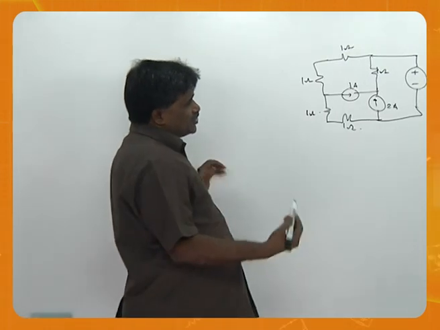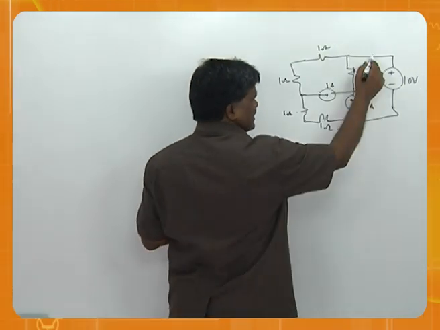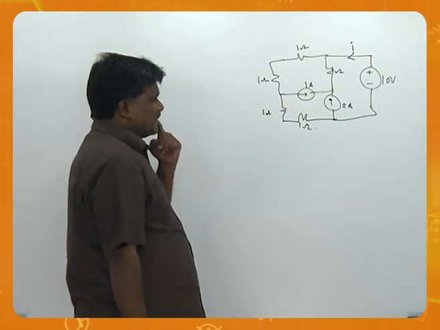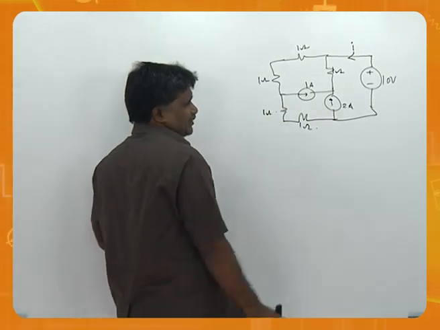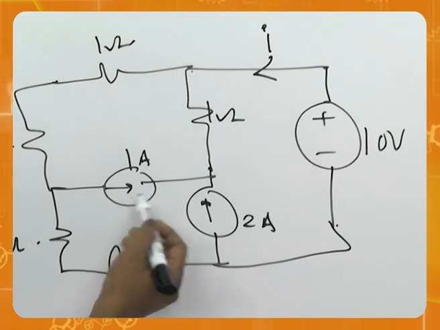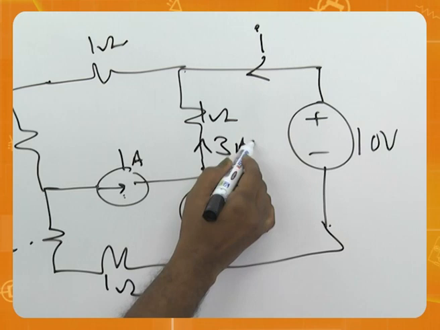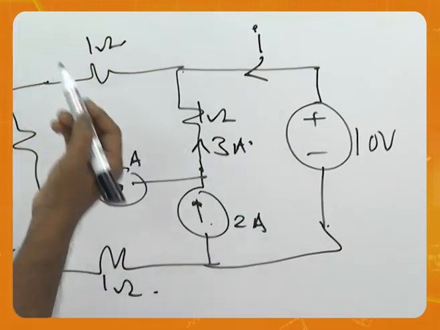So now let me slowly start. Let us say this is I. If I is entering, and you look here, this I is here, 1 ampere is here, 2 amperes here, the total is 3 amperes, because 2 are entering, 1 is leaving.